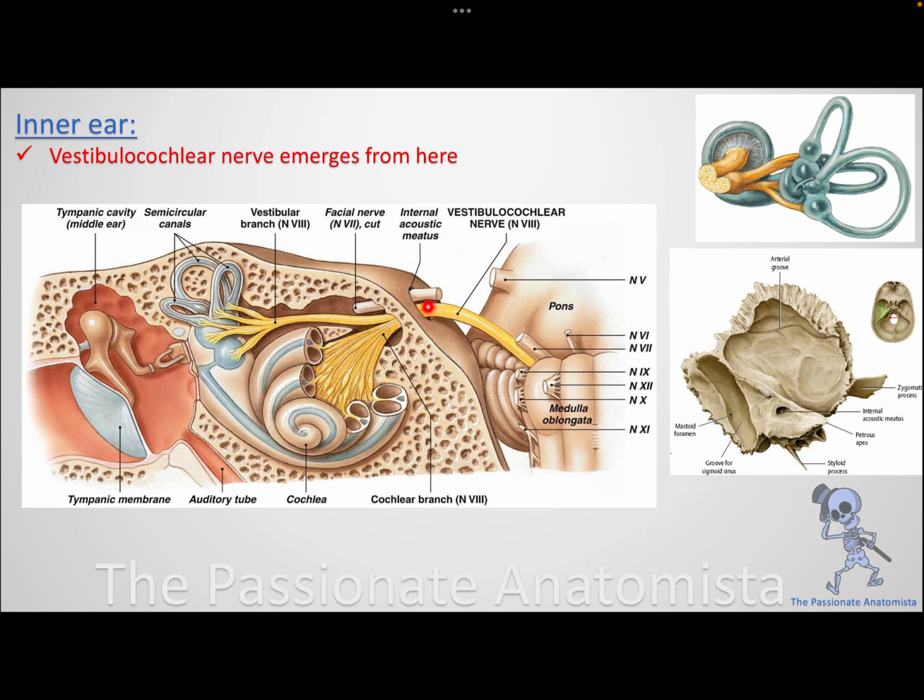This is an opening that takes you to the posterior cranial fossa and all the way to the brain itself, and we're going to talk about everything about this nerve and how we process this information in the brain when we explain the neuroanatomy module videos, inshallah.